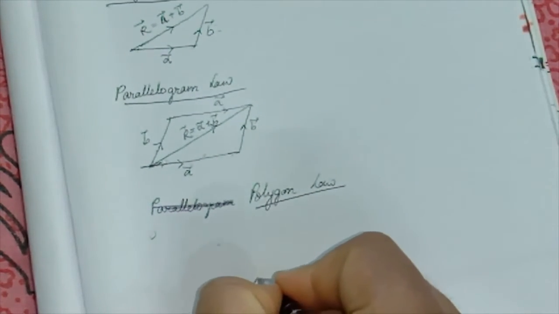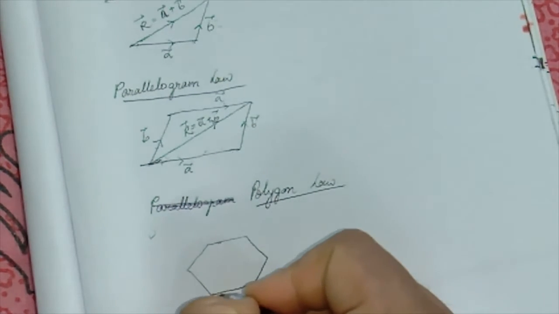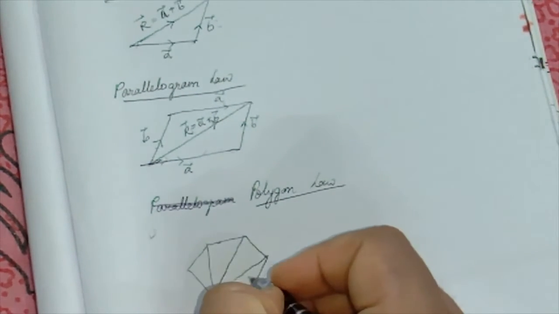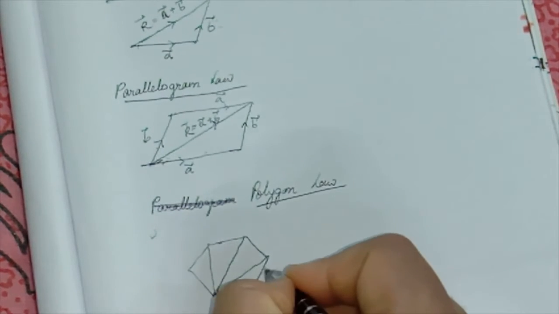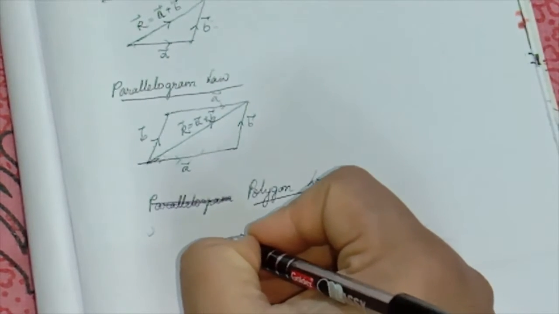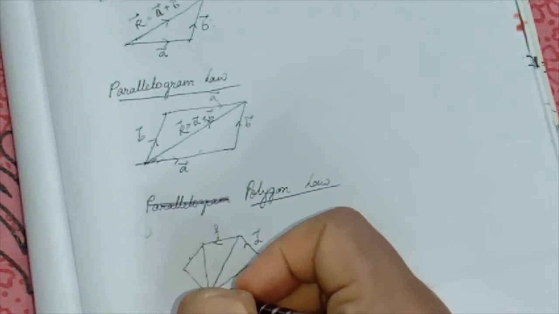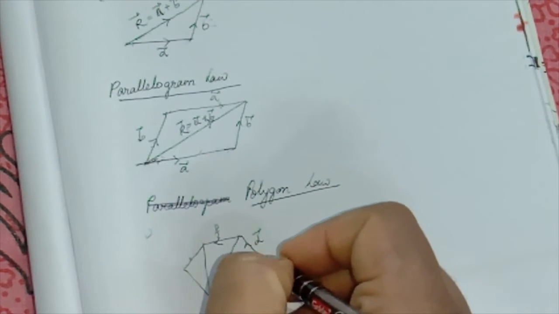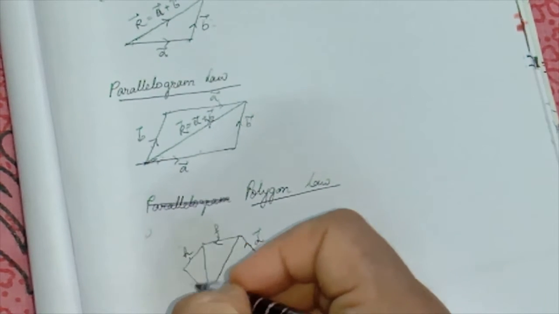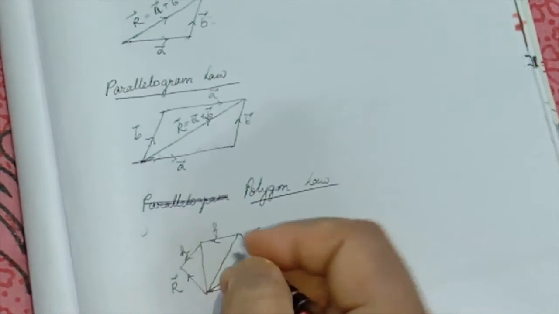Polygon law. Let us consider a polygon. If this is A vector, this is B vector, this is D vector, this is F vector, this is H vector, and let this be the resultant R vector.